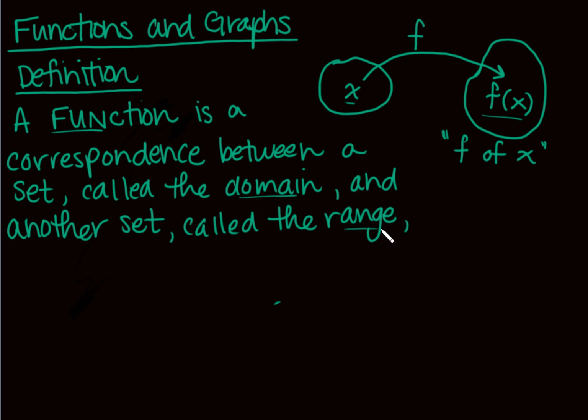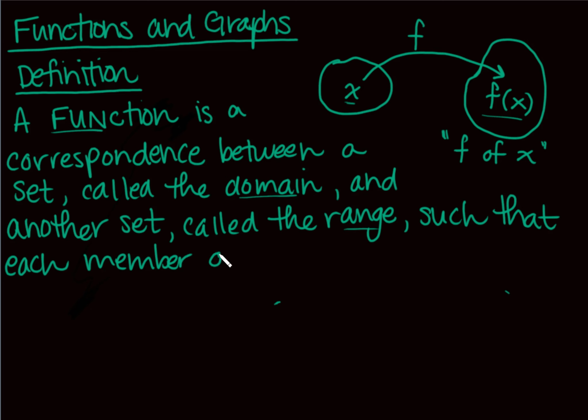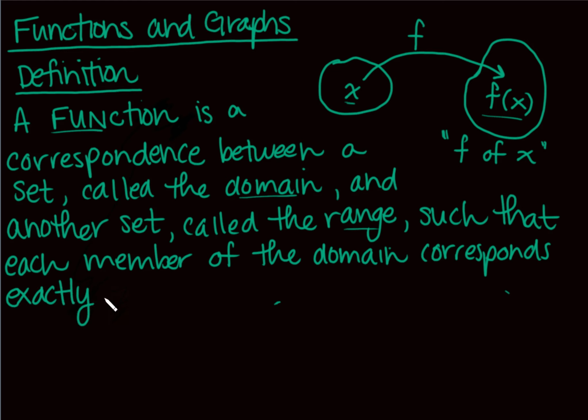So domain and range, those are pretty important terms. We're going from the domain to the range, and this function is a correspondence such that each member, or element, of the domain corresponds or is mapped to, you'll hear it said sometimes, exactly one element or member of the range.